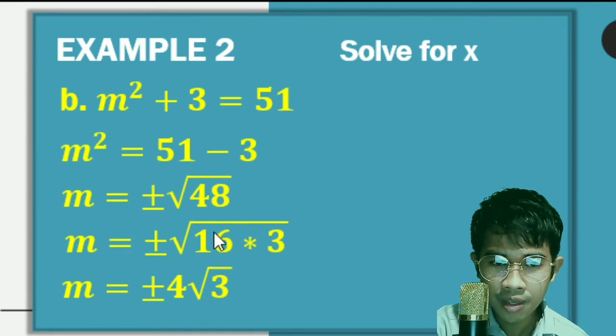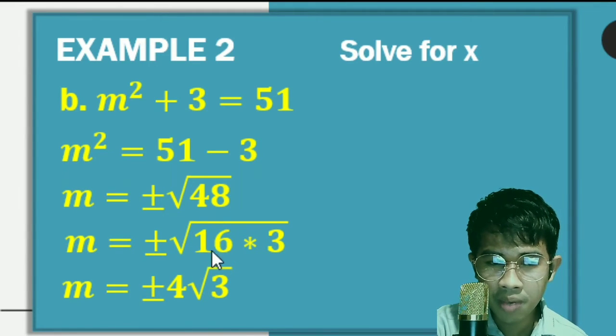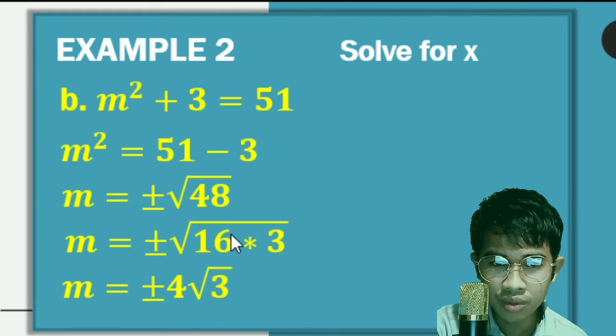Gimpangita ta ining factor para ma-simplify ta ang root naton. Ang 16 is a perfect square, di ba? Perfect. Ang 3 hindi na siya. So, 16 times 3, ang root sang 16, di ba, 4 times 4.